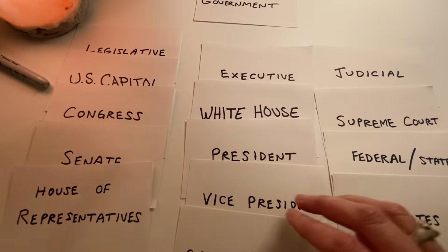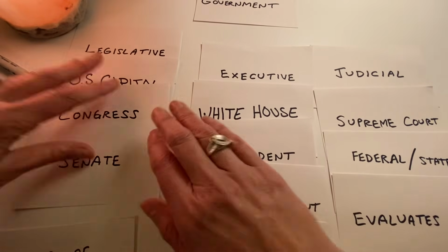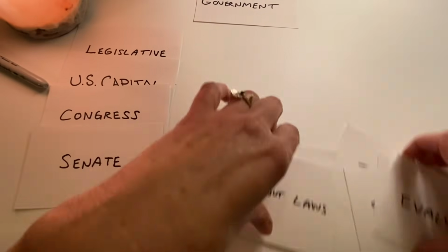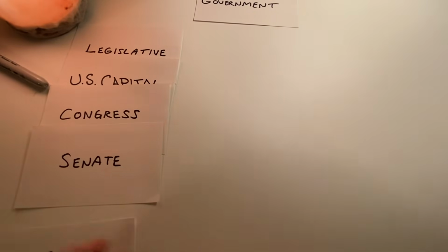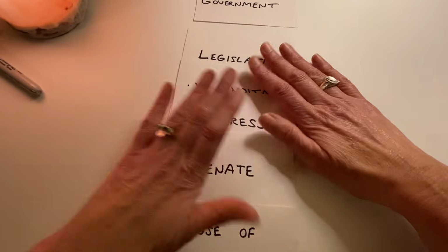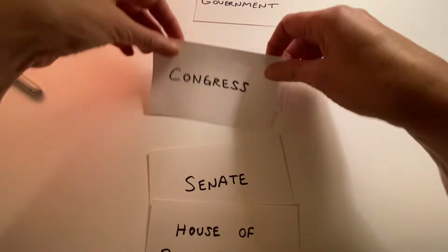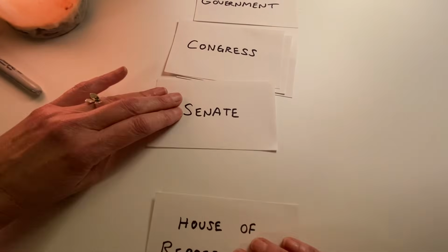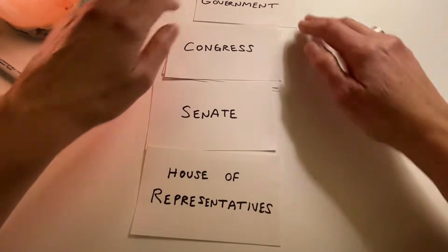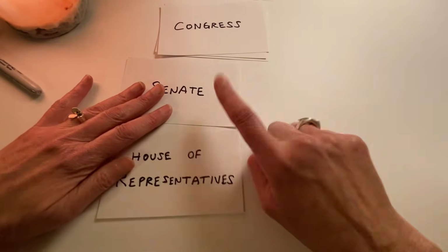So let's look at this part. We said the legislative branch is Congress, and Congress is made up of the Senate and the House of Representatives.